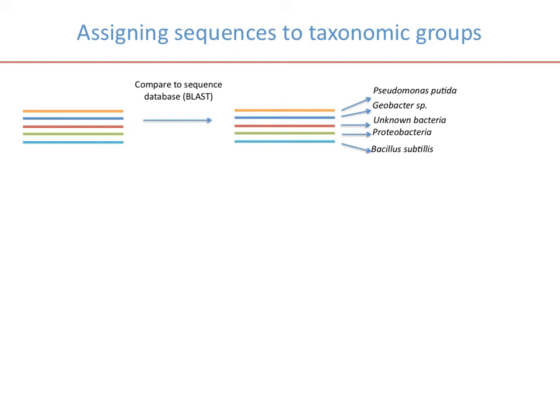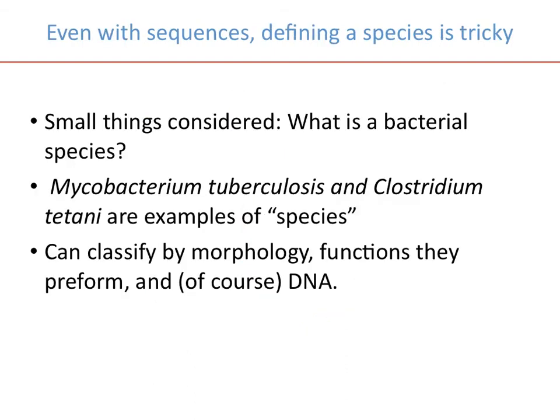So for your particular sequence, you know the genus fairly well, but no one has isolated that species before. And from that information, you can build your phylogenetic tree and look at the relationship among the different sequences that you have. And again, we're going to be doing this in the lab.